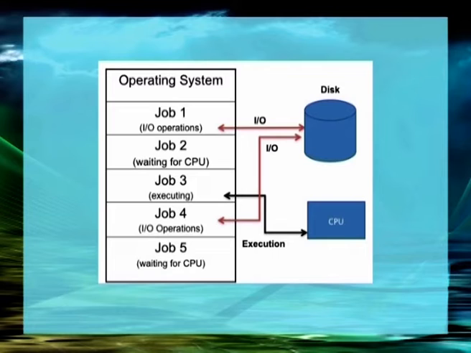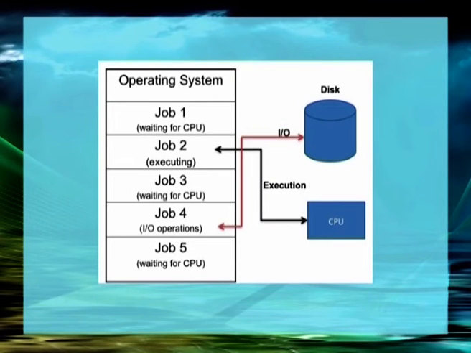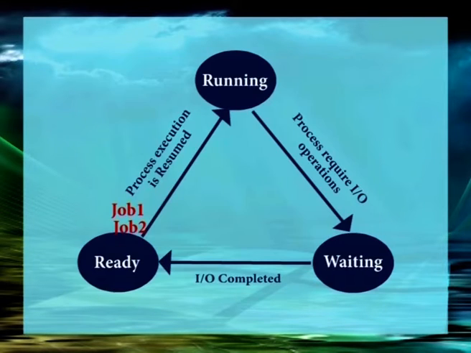After some time, CPU switches to job 3 and job 4 starts performing its input-output operations. Again, after some time, CPU switches to job 2 while job 1 has completed its input-output operations and goes into waiting state. This process has also been shown in this figure.